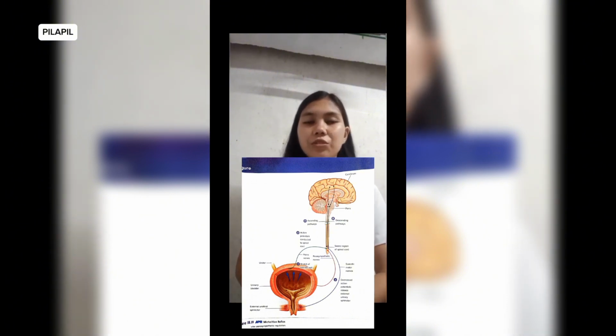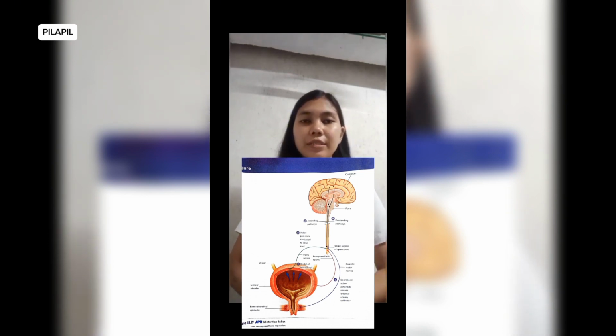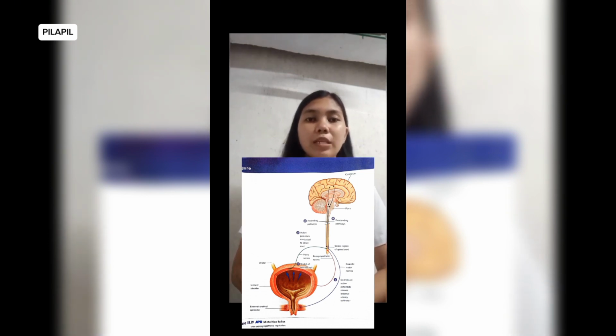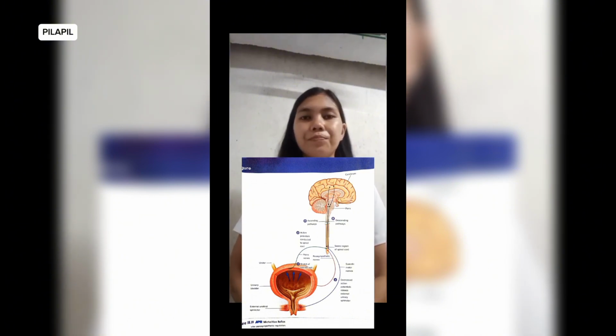Micturition, or urination, can be voluntarily initiated through an increase in action potentials from the cerebrum. This facilitates the micturition reflex and relaxes the external urethral sphincter.